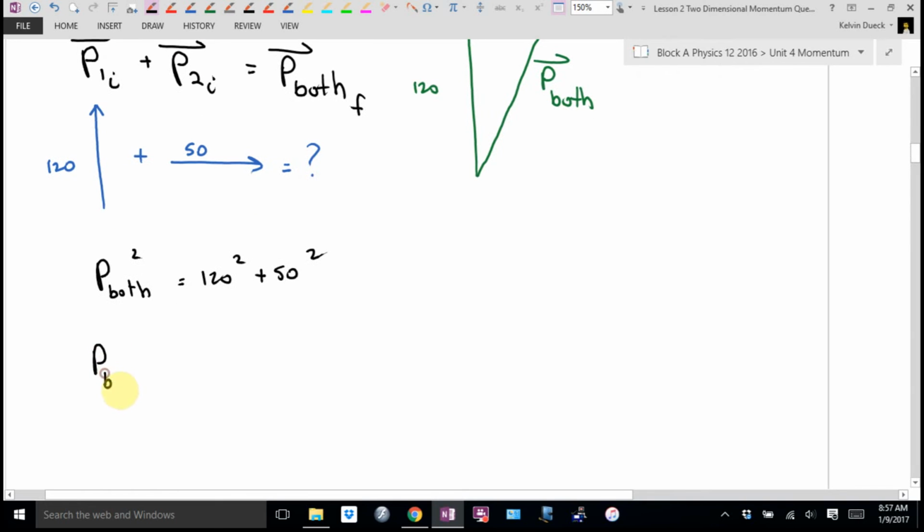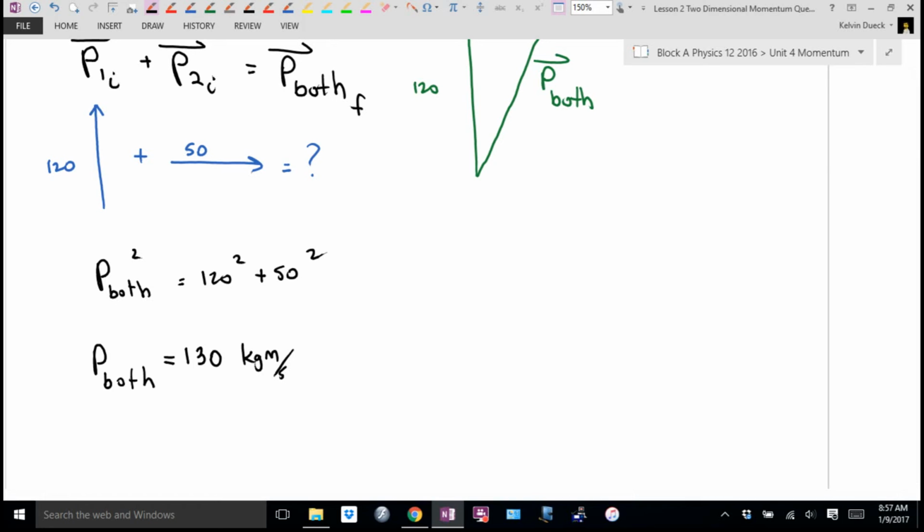The momentum of both, I think I made this one actually work out evenly. Double check me, but I think you're going to get 130 when you go 120 squared plus 50 squared, square root. Kilogram meters per second. That's the magnitude, not the direction. That's the magnitude of the momentum.